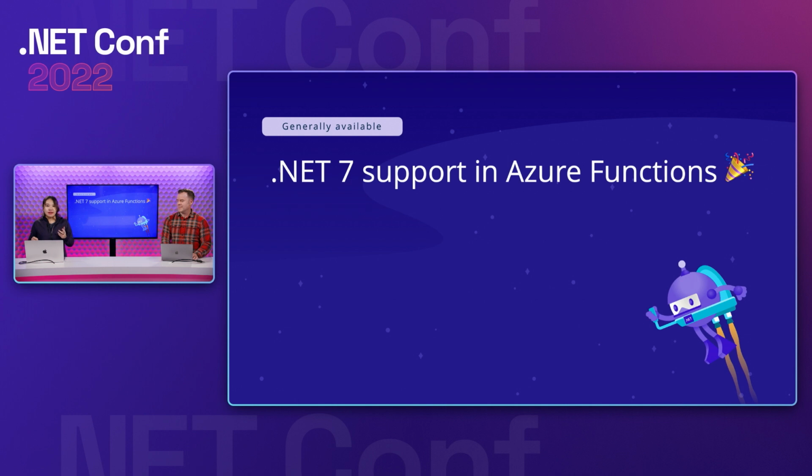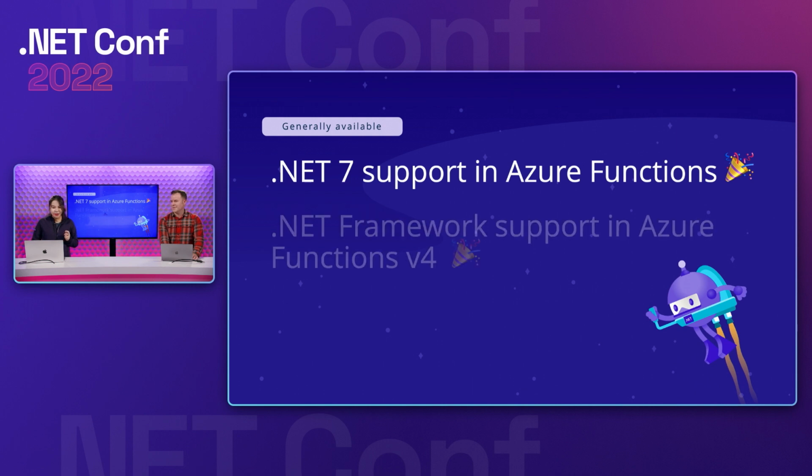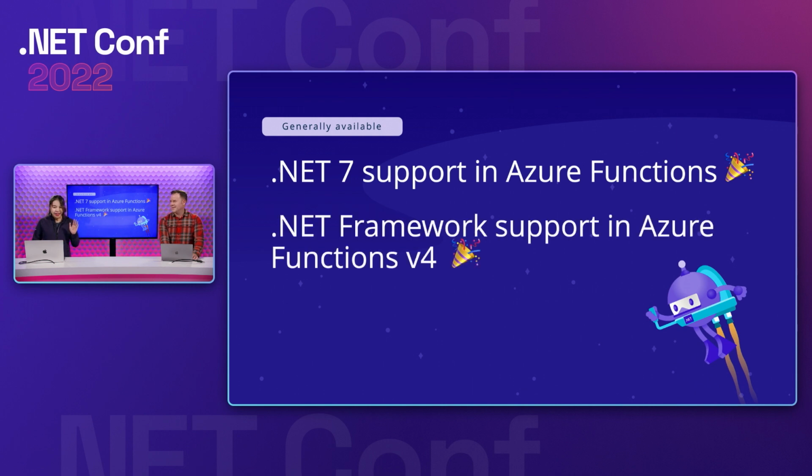It means for .NET 7, we recommend you can use it in production scenarios, as well as take advantage of all the greatest and newest features of .NET 7 with Azure Functions. Although, a little reminder here, we also made .NET Framework supported in Azure Functions before, a few weeks back. So I hope everybody catches up here.